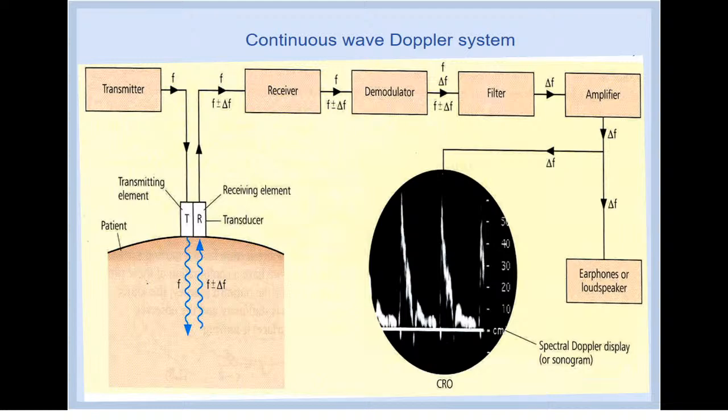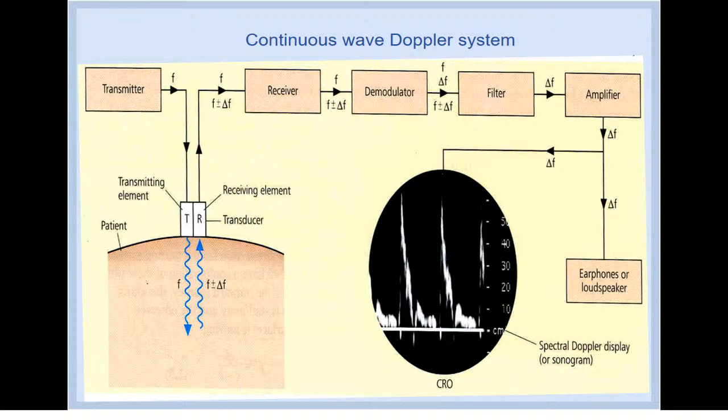So this gives such signals on the cathode ray oscilloscope, showing the range of the velocities of the objects under investigation. Here you can see how blood velocity is spread within the vessel.